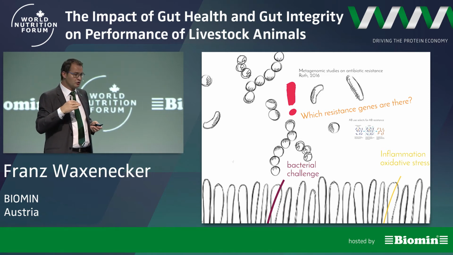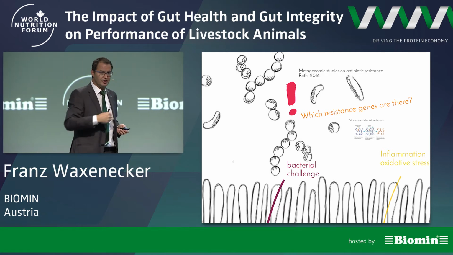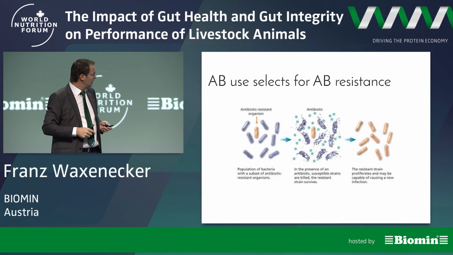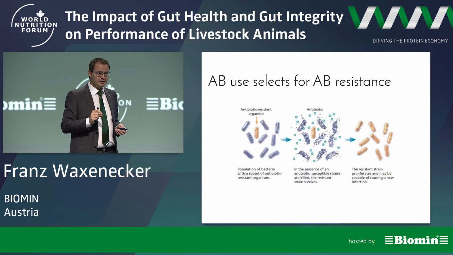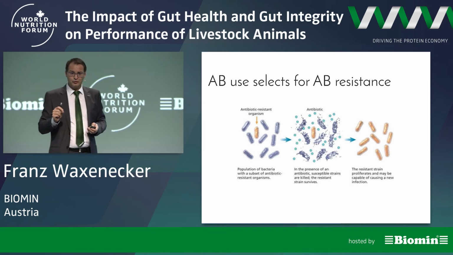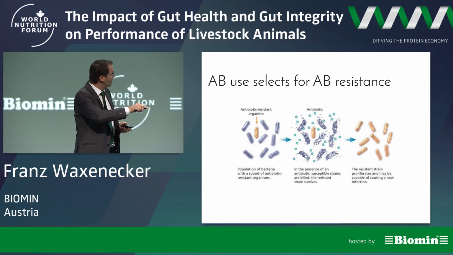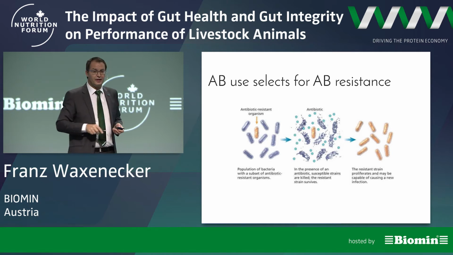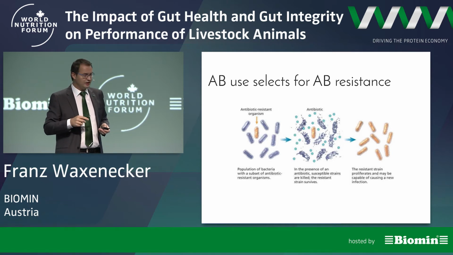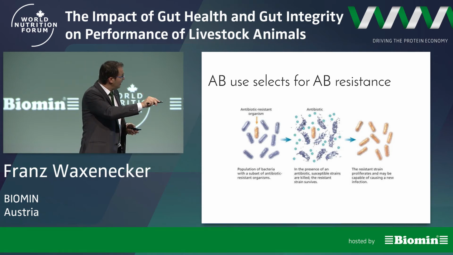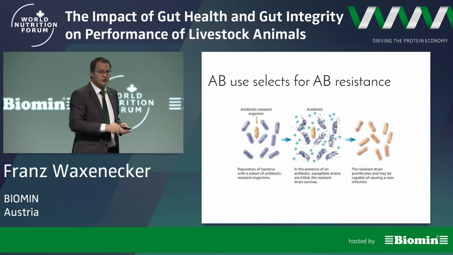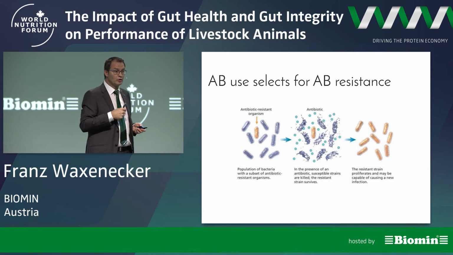But not only because of the transfer of resistance genes from one germ to the other, the use of antibiotics is selecting the gut microflora from a mixed flora by killing all the non-antibiotic resistant microbes, and the antibiotic resistant gene carrying microbes will remain.